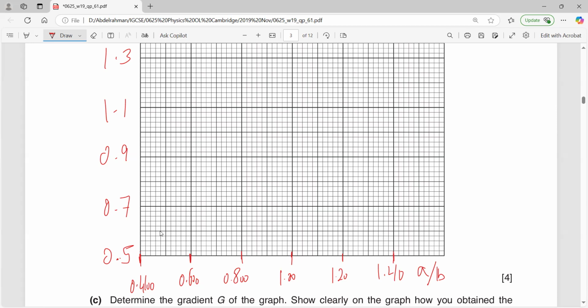Next one is 0.54, 0.56, and this is 0.6. On the x-axis, 0.400, 0.420, 0.440, 0.460, 0.480, and then 0.500. So on both axes, out of pure luck, the very small squares have increments of 0.02.